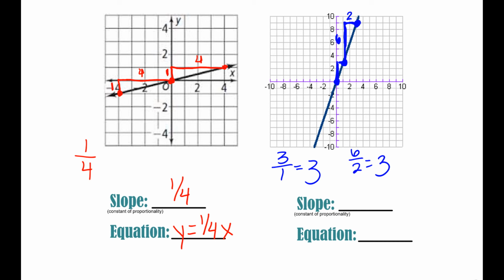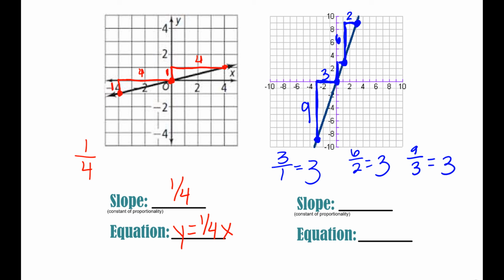Or maybe you went way down here and then you used the origin and you made this really big stair. If I look at the change here from 9 going up, I'd get to 0, so this would be a change of 9. And then this direction, I'd have a change of 3 for the x, which is 9 over 3. When I simplify that, I get 3.